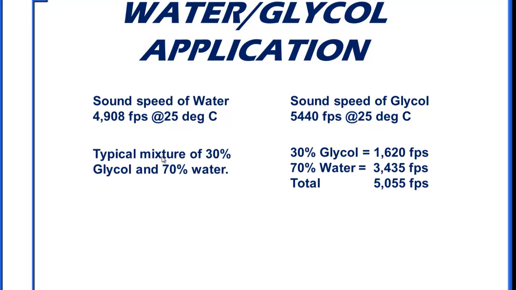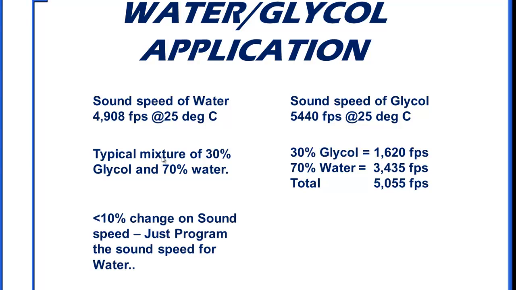The typical mixture would have been 30% glycol, 70% water, which was very commonplace. Doing the math, the total comes to 5,055 feet per second. So remember, sound speed of water, 4,900, sound speed of glycol, 5,440. You'd have to type that under Other to get your flow meter to work.